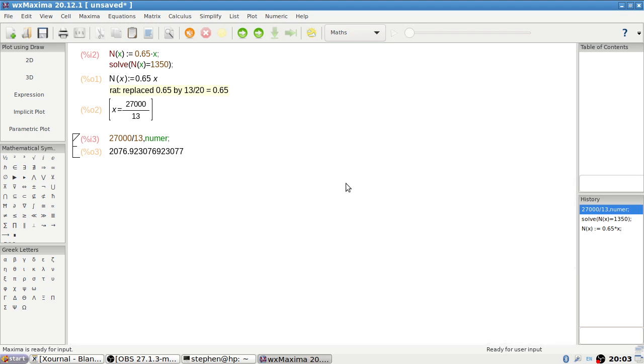And then that should be offered admission. And then 65% of that number is 1350. So I guess technically it's 2077, but I think it would have been better.